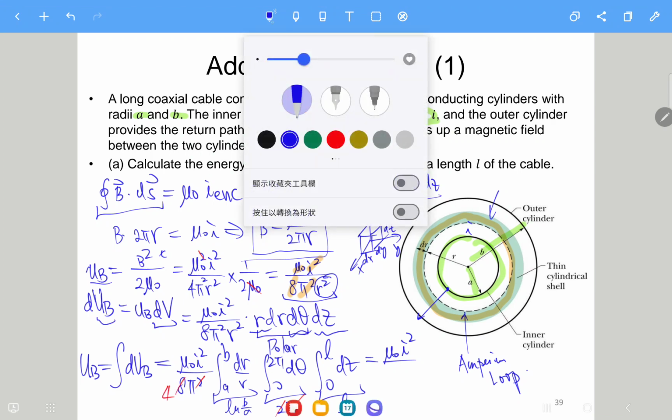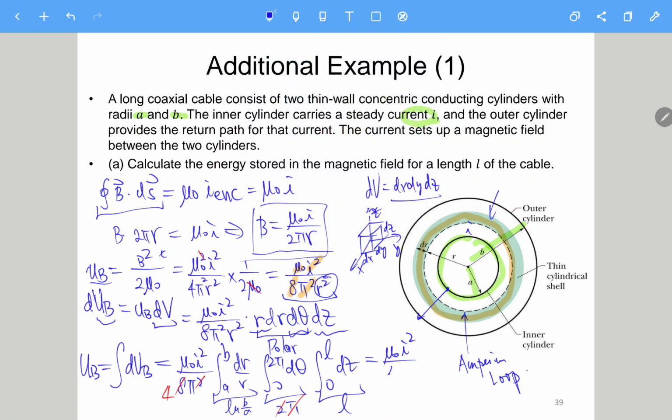So we will have 4 pi here. And then we have this L, so we just put it here. And then we also have this natural log of b over a. So this is the general expression for the energy stored in the magnetic field.